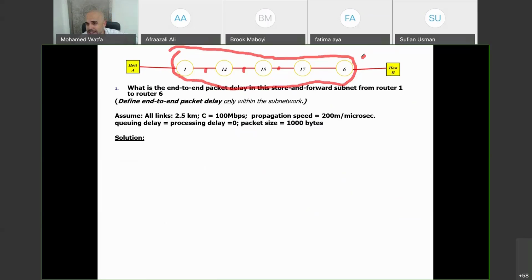So my end-to-end delay, the first thing I will do here, is equal to 4 times what? The end-to-end delay is 4 times the link delay.